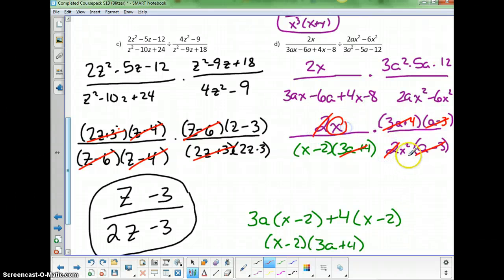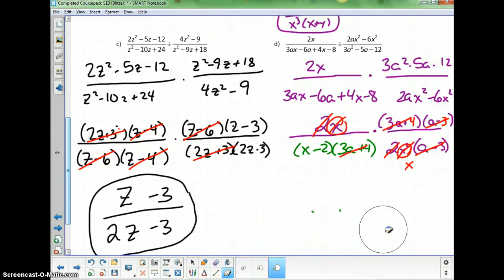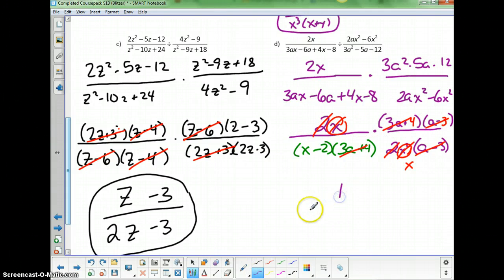And I can divide one of these x's off, which will leave me with an x on the bottom, because I had an x squared there. Okay, so I have to erase a little bit of my work right here so that I can write my answer down. But my answer is going to be on the top, everything canceled, so I got 1 over on the bottom, x times x minus 2.